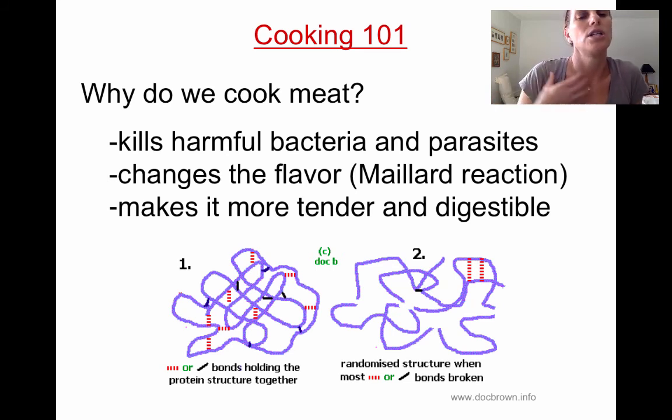So basically there's a reaction that happens when you cook meat. It's a chemical reaction between the individual amino acids. Basically what it does is it kind of reduces the sugars that are also found in those compounds, and it gives it a very yummy flavor. That reaction is called a Maillard reaction.